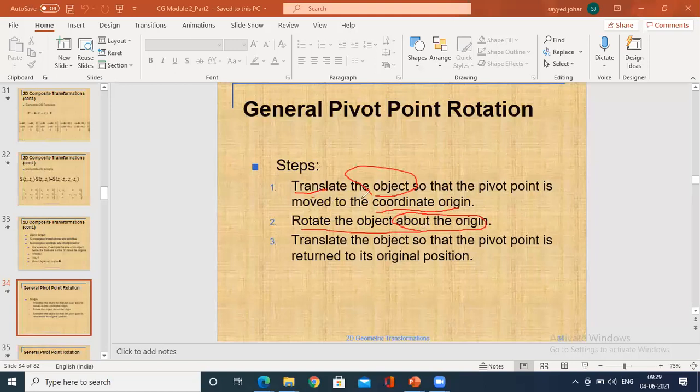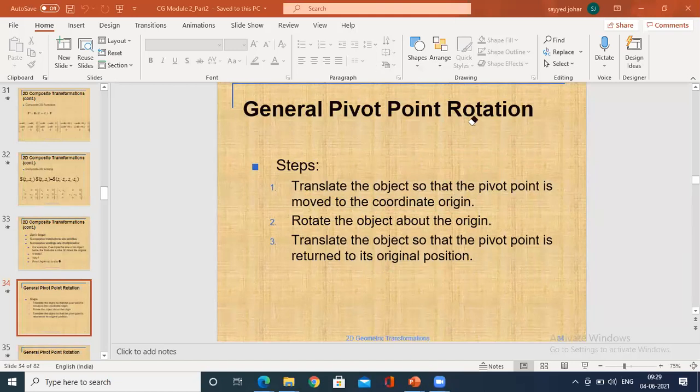First translate it. Where do you translate? To the coordinate origin. If this is an object, you are bringing this back to the origin, then you are rotating it. Again, you are performing the back translation, a back translation is done again back to the original, returning to the original position, right?